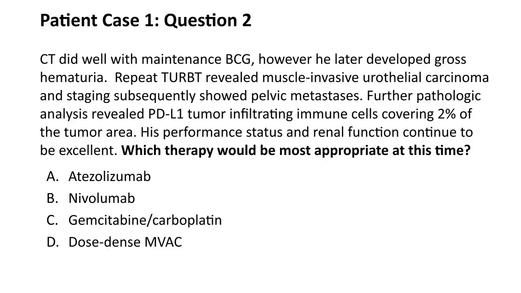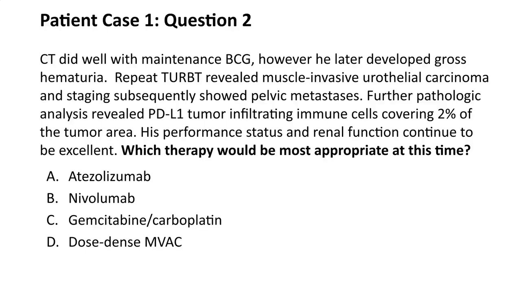Let's go back now and revisit our case of CT. He went on to receive maintenance BCG, which was preferred for him over intravesical mitomycin because of the nature of his disease. However, despite his maintenance BCG, he developed gross hematuria later. Repeat TURBT showed muscle-invasive urothelial carcinoma, and the staging subsequently showed pelvic metastases.